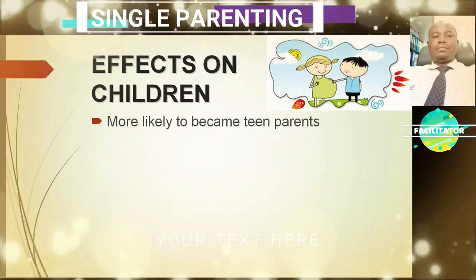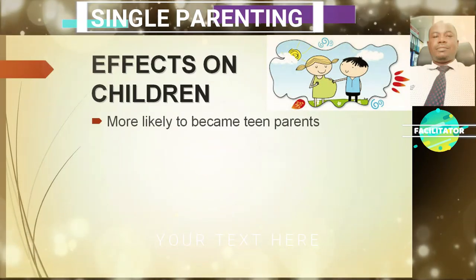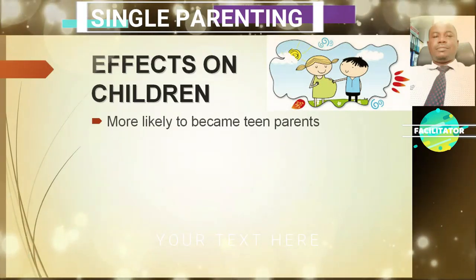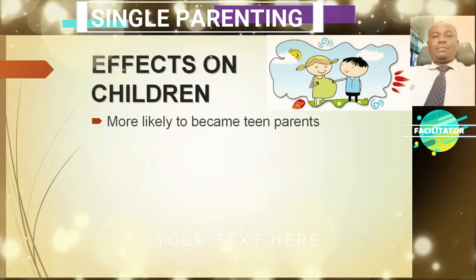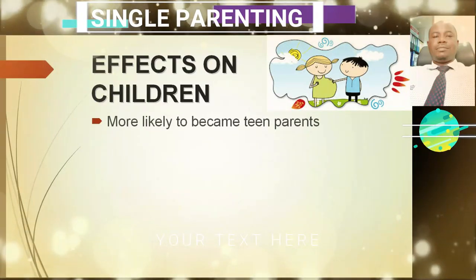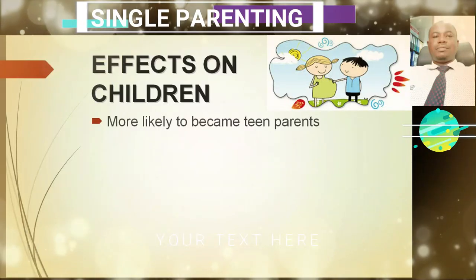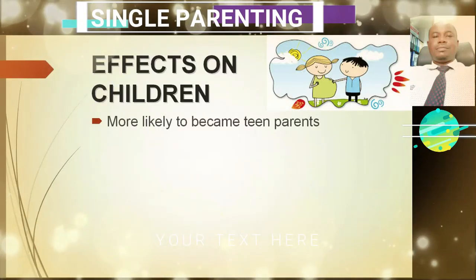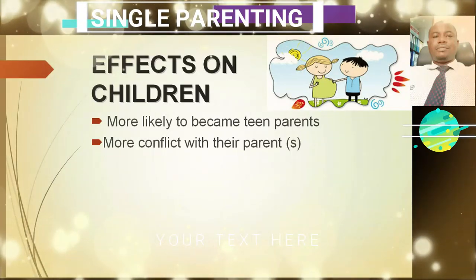When he is missing, it's easy. They have their way if they are boys too. They have their way if they are girls. Mostly the girls are likely to become teen parents. That is, they can get pregnant at their teen age because of lack of control from one of the parents.